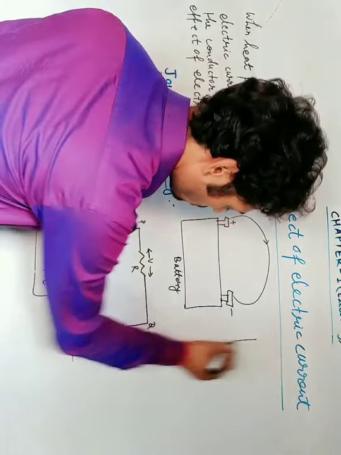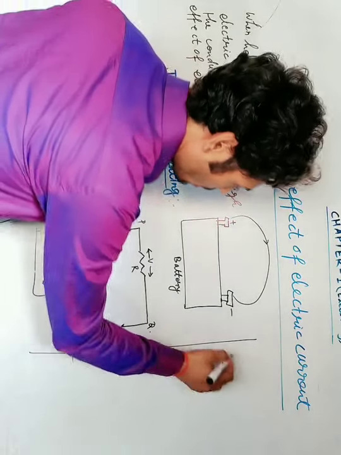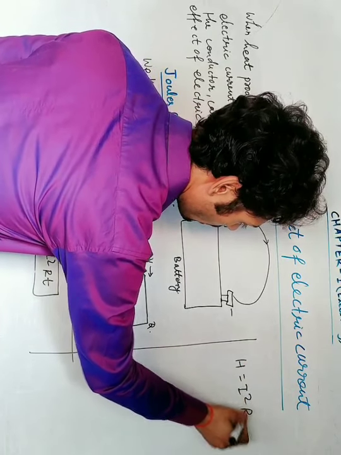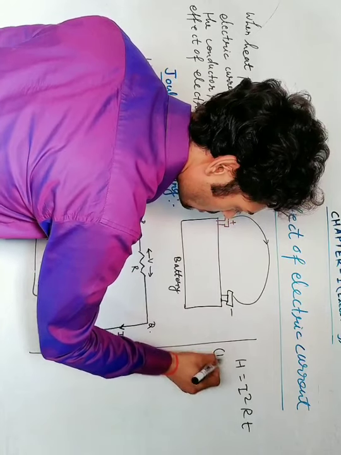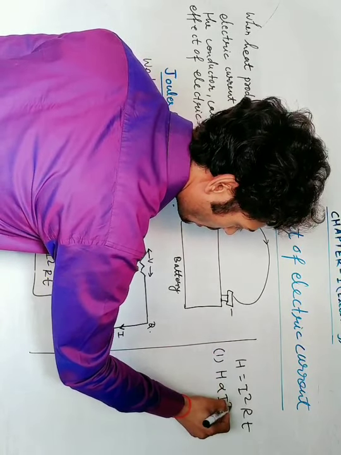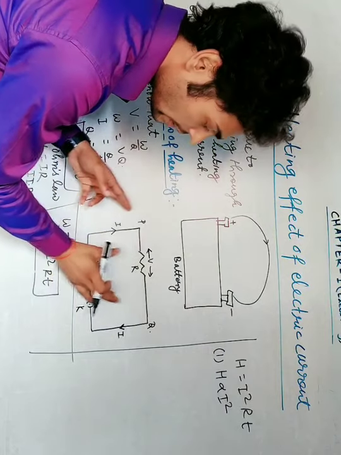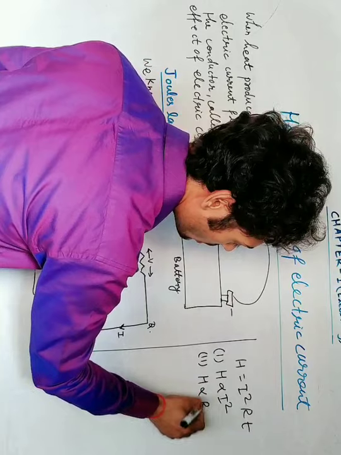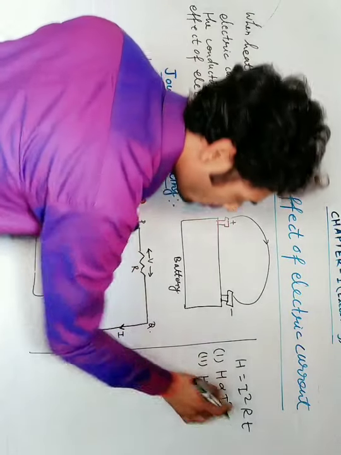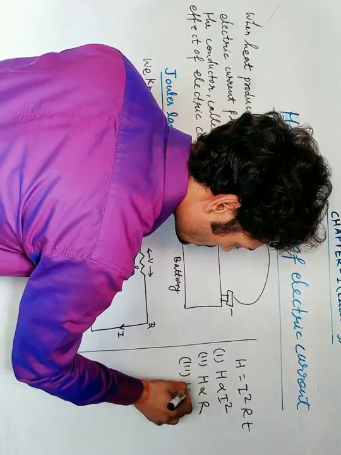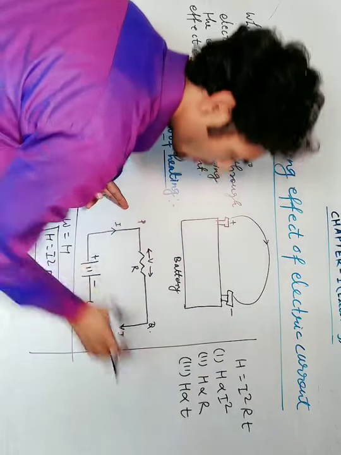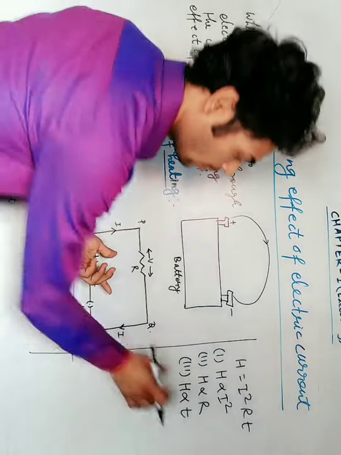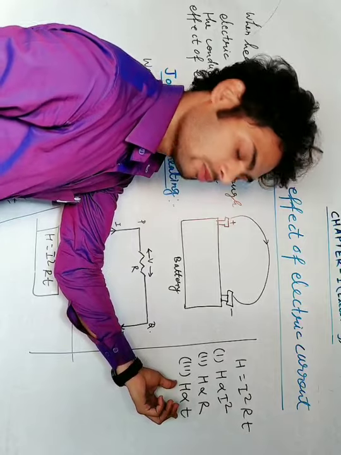From this equation, it is clear that first, H is directly proportional to the square of current flowing through this circuit, and number 2, H is directly proportional to the resistance of this circuit, and third, H is directly proportional to the time taken by the current in this circuit, or heat is directly proportional to the time.